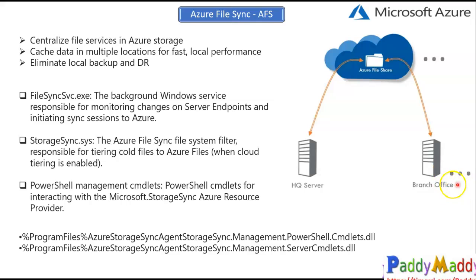Let's say from a branch office to a head office, where the data is in the head office and you're trying to access it from your on-premises network. This can be fully eliminated. Data may be replicated between multiple Windows Server endpoints, such as between multiple branch offices.